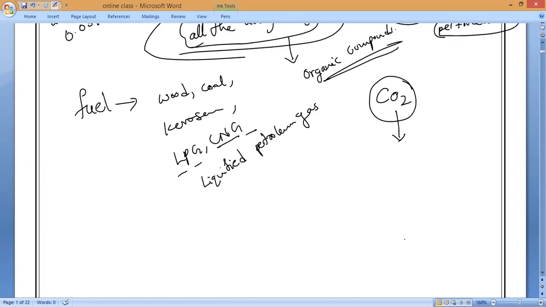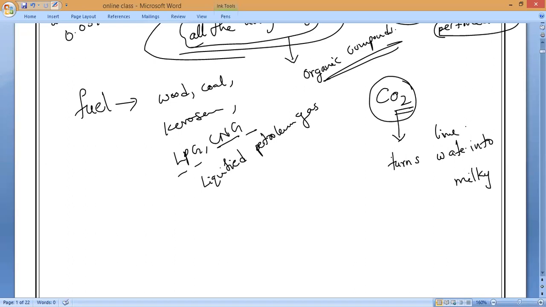How can we prove that carbon dioxide is releasing? We pass it through lime water. If it turns lime water milky, that is the test for carbon dioxide.